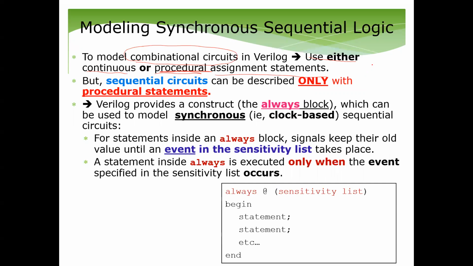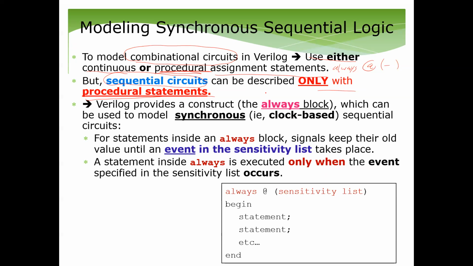Procedural assignment is the one inside the always block. For procedural assignment, you can use if, while, and loops, all these high level syntax. For sequential circuits in Verilog, you can only model that using procedural statements. Okay, you cannot use continuous assignment statements for sequential circuits.